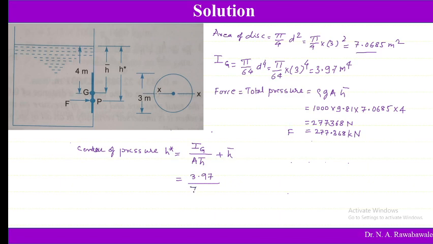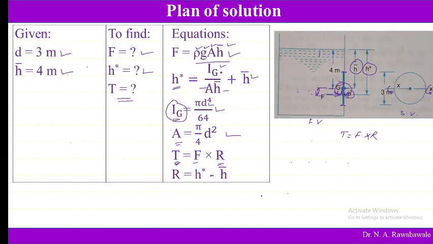Area is known, 7.0685, into h bar, which is 4, plus 4. So we get H star as 4.14 meter. Now we know F, we know H star, we know H bar. So R is nothing but H star minus H bar.